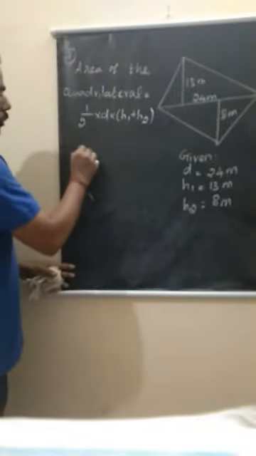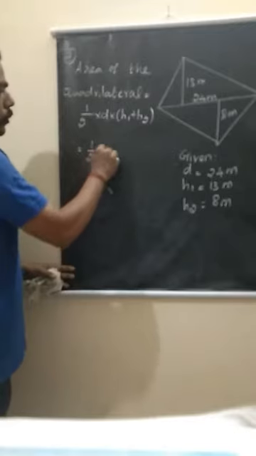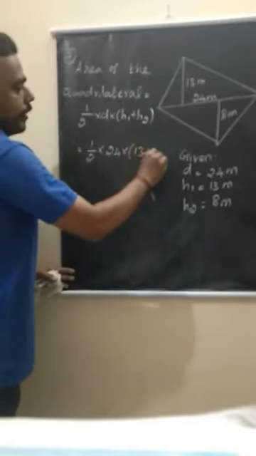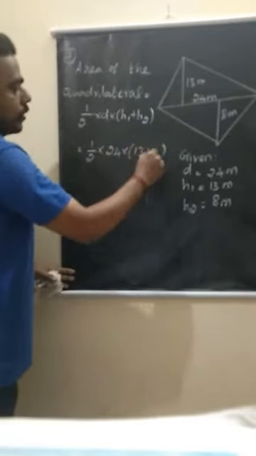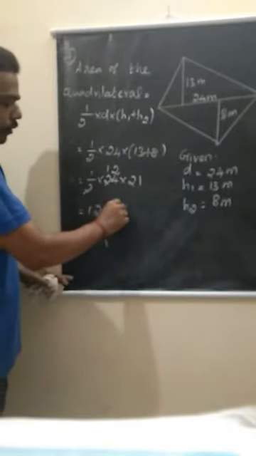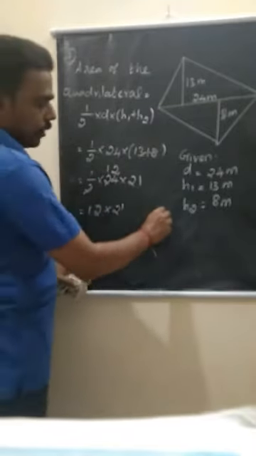So this equals 1 by 2 into 24 into 13 plus 8, equals 1 by 2 into 24 into 21. Cancel 12. That is 12 into 21. Multiply.